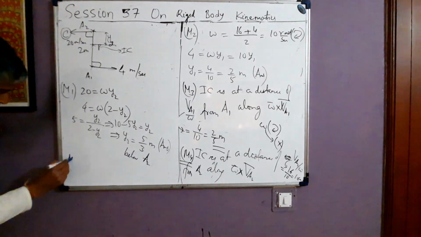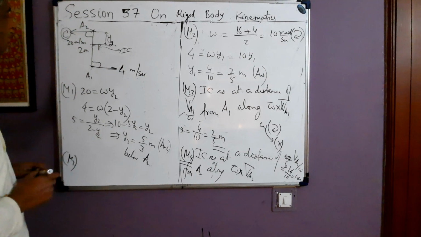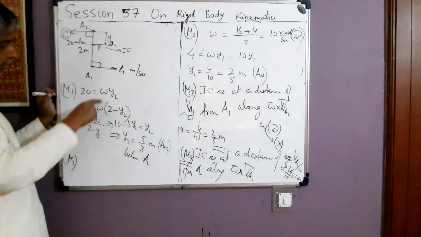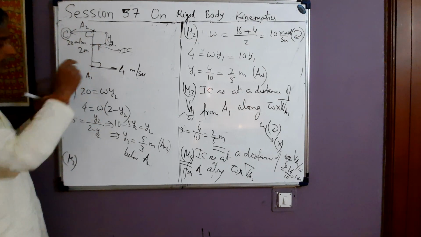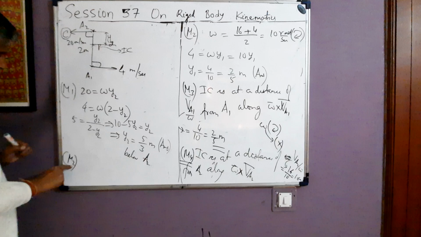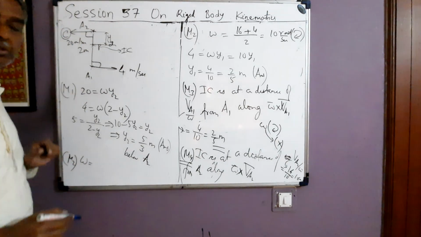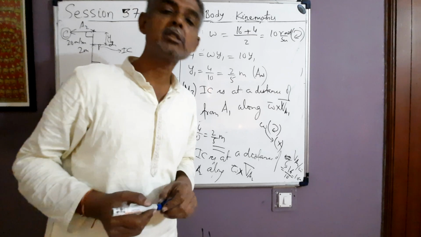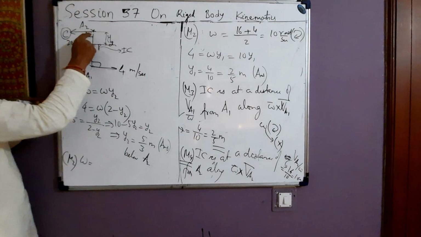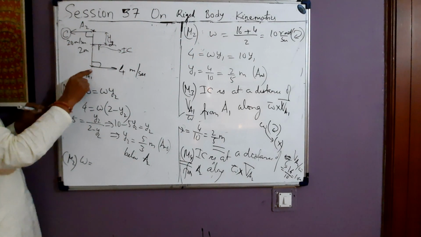Okay. Now method 2. In method 1 I wrote two equations, first for A1, other for A2. In method 2 I first determine omega, using the formula omega equals relative normal speed by separation. The normal speed of A2 is 20 left and that of A1 is 4 right.